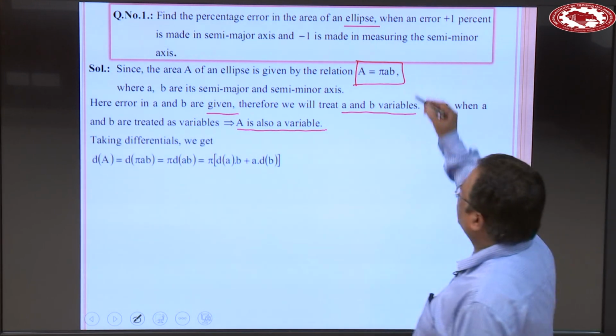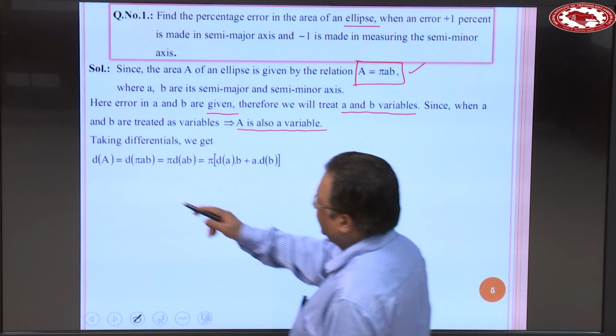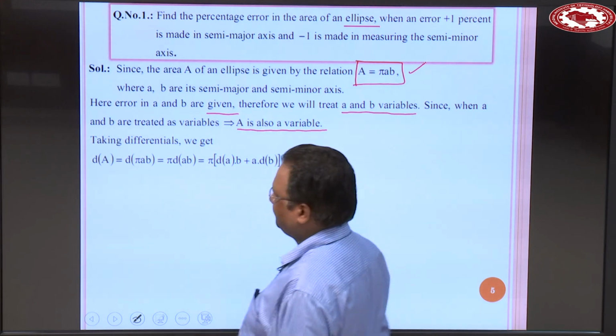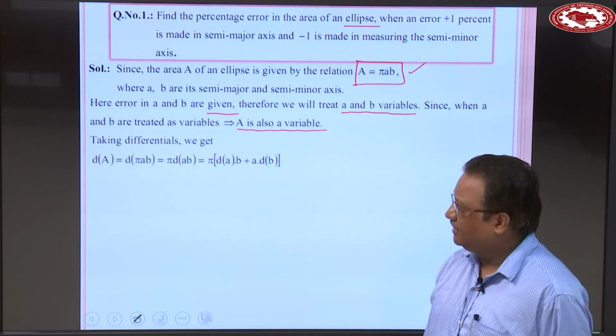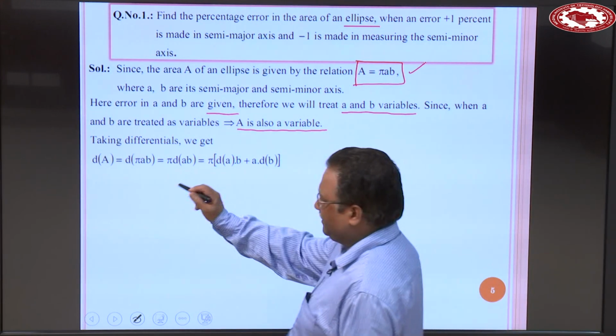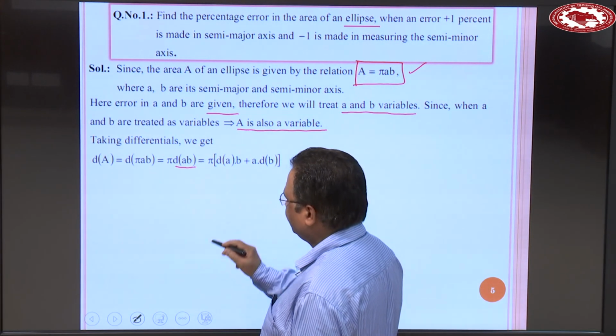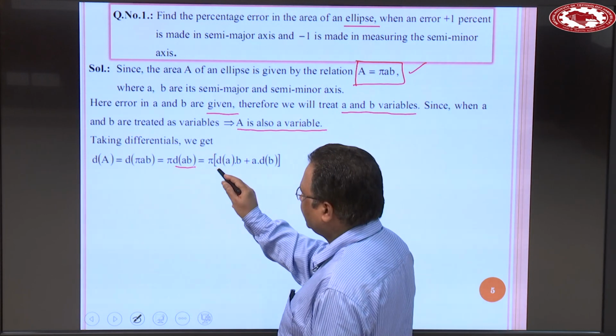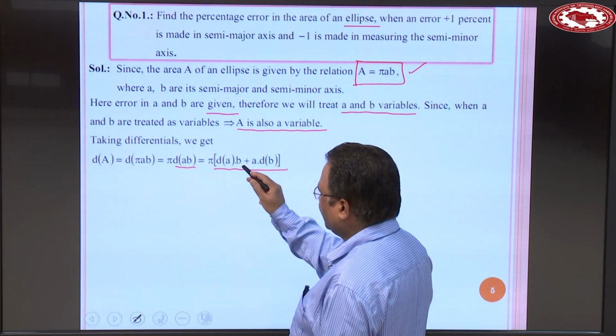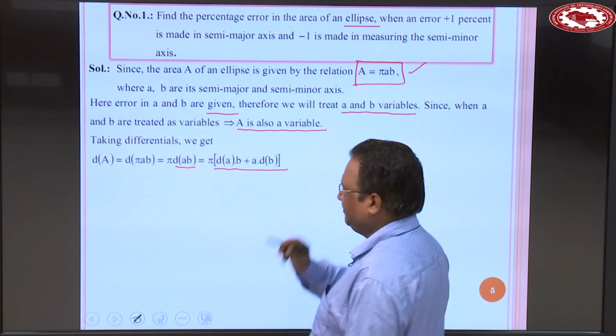Now, taking differential on both sides, dA is equal to d of pi AB, d means differential. Pi is constant, so pi outside the bracket, d of AB is dA into B plus A into dB.